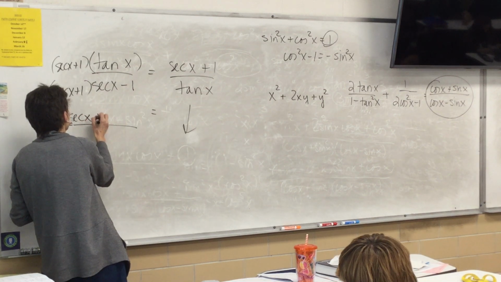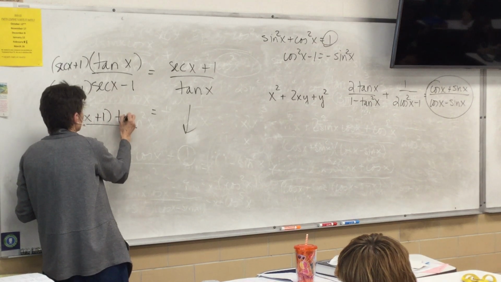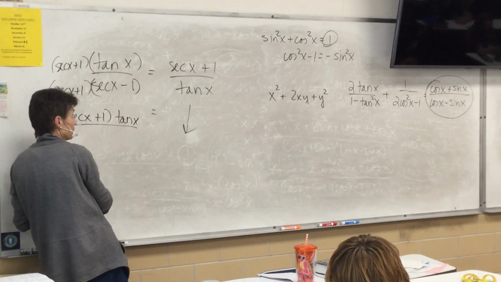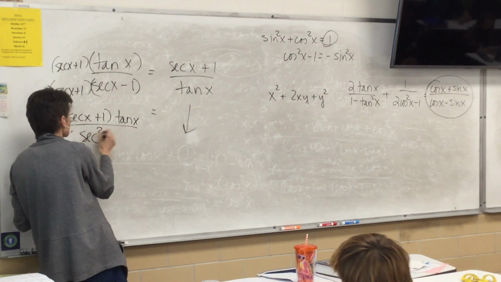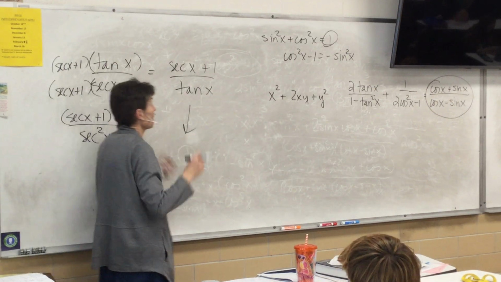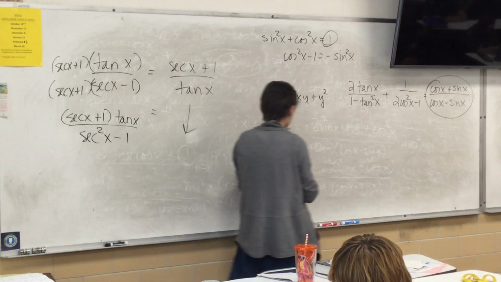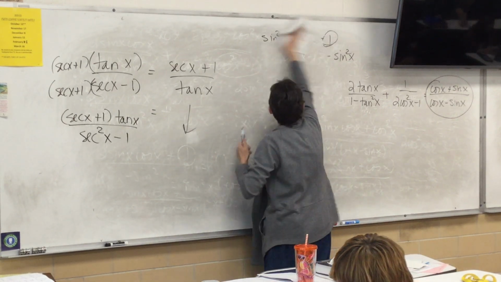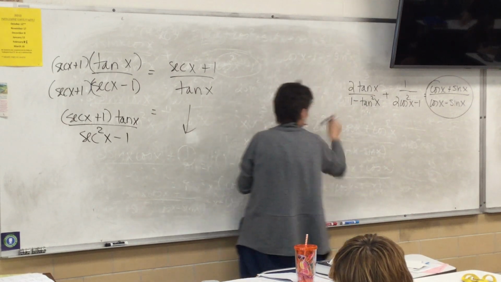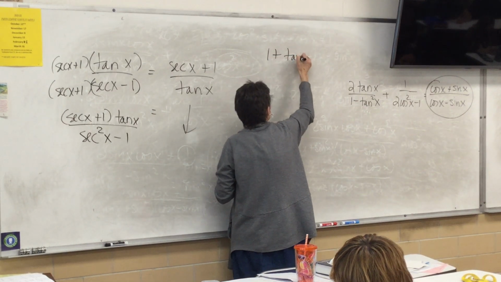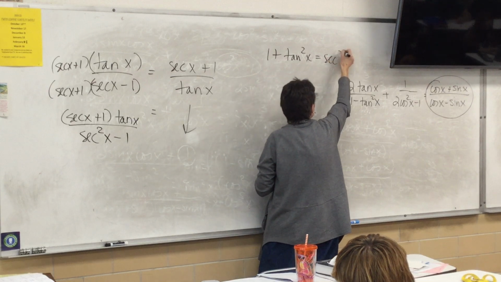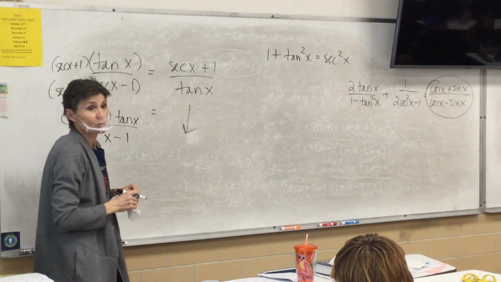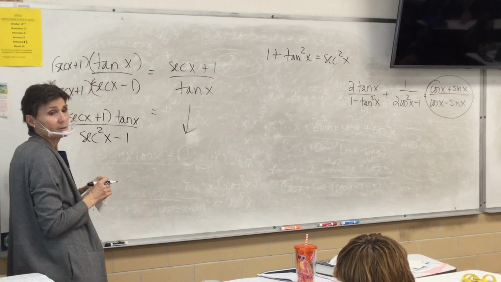Now, what's on the bottom? I can distribute, FOIL it out, and I get secant squared minus 1. That just makes my heart go, because I have an identity that I tried to use before: 1 plus tangent squared is secant squared. So what is secant squared minus 1?